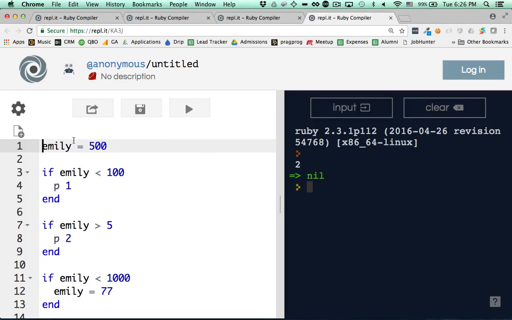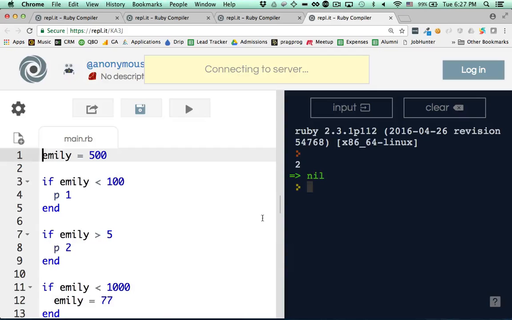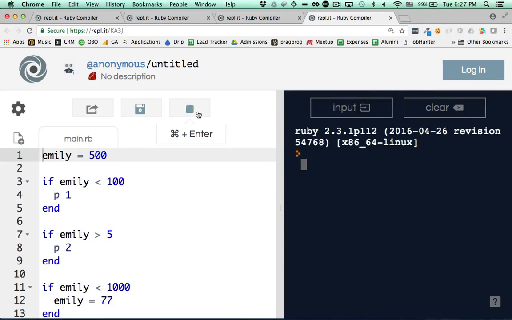Let me eliminate the green things again. Let's follow the logic here. Let's see how Ruby processes this. And I'm going to use the comments to help indicate which lines Ruby processes and which lines it skips, as follows. So line 1, Emily is 100.